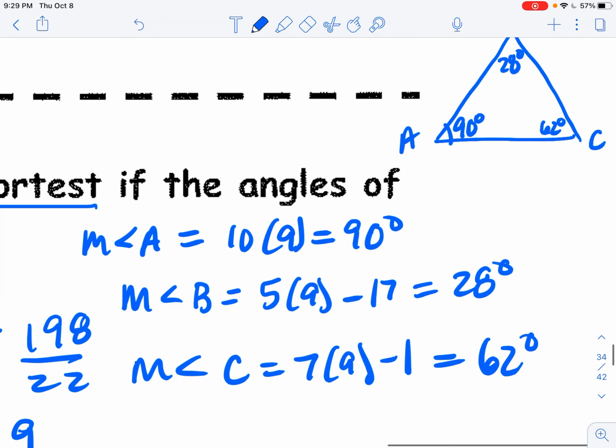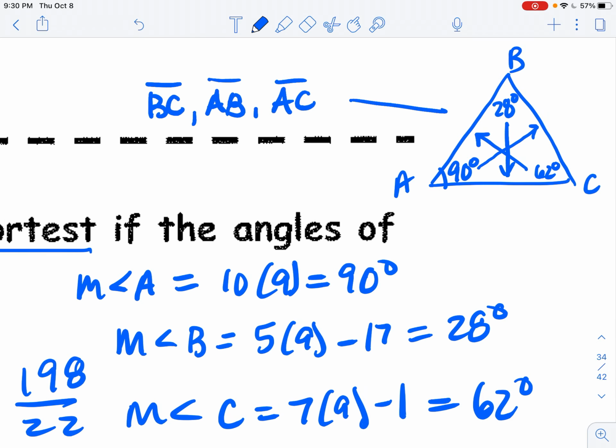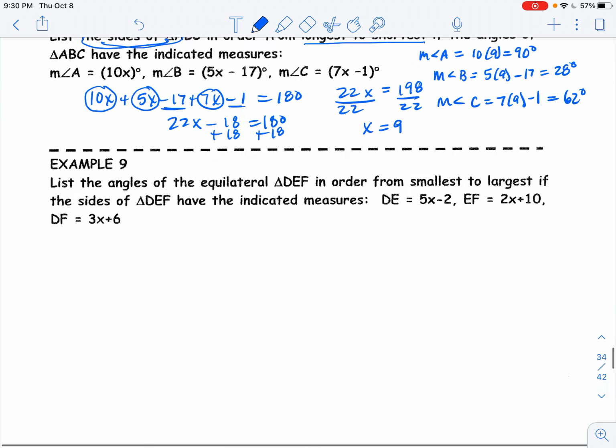Now, if I want to list from longest to shortest, the longest is going to be across the largest angle. So, side BC is the longest. And then, side AB across from the 62. The shortest side is going to be across from the smallest angle. So, side AC. It's much easier if you can draw a picture.